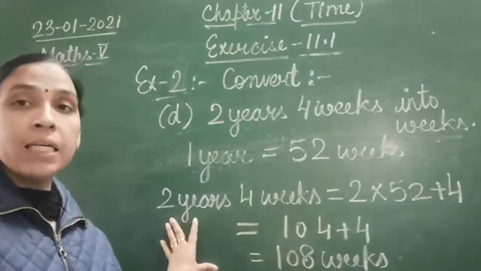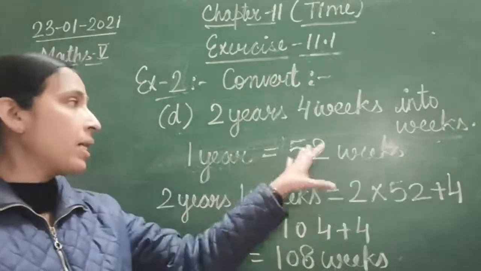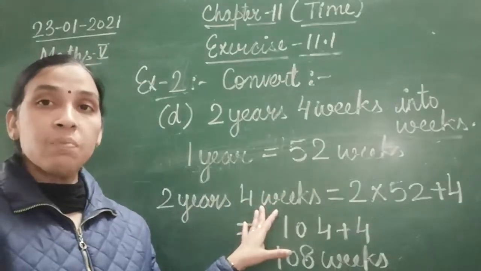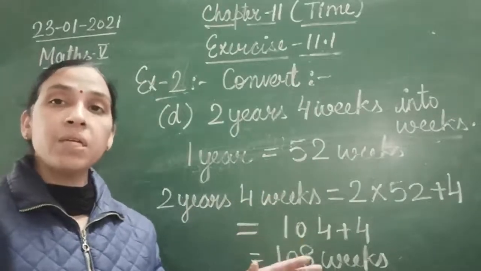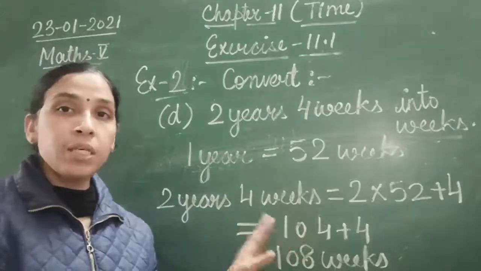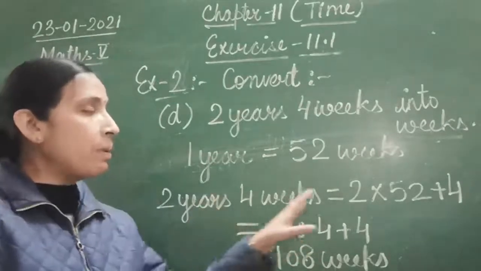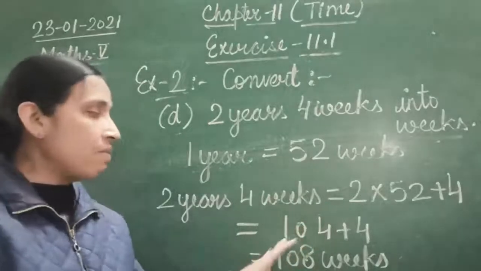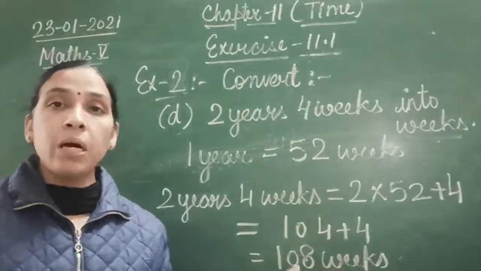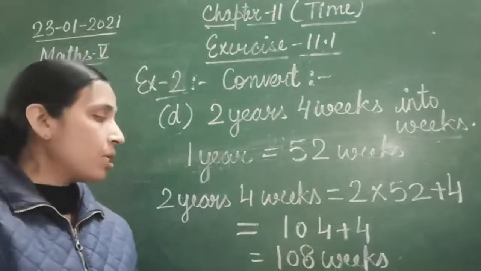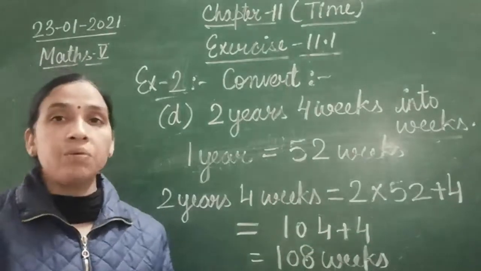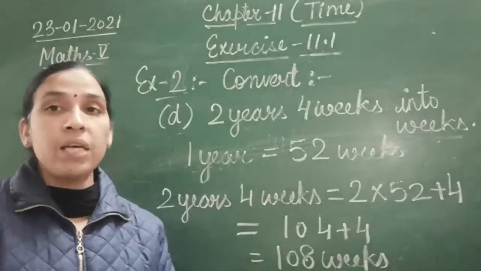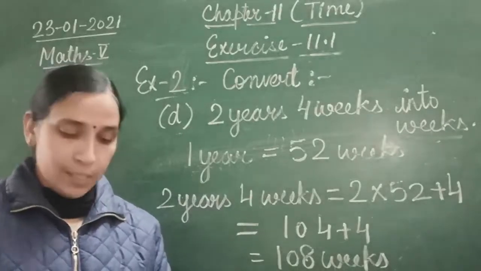Only the higher unit will be multiplied by this. You will not multiply the 4 weeks, because that is already given in weeks, you don't need to change it. So 2 years, 2 will be multiplied by 52 plus 4. The sum will be 104 plus 4, so the total is 108 weeks. That will be your answer.